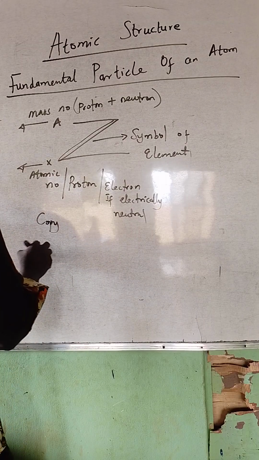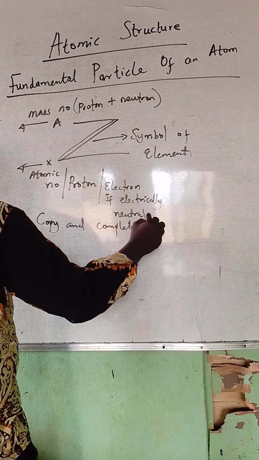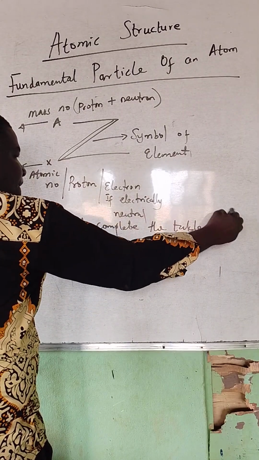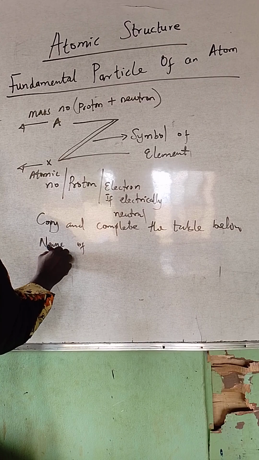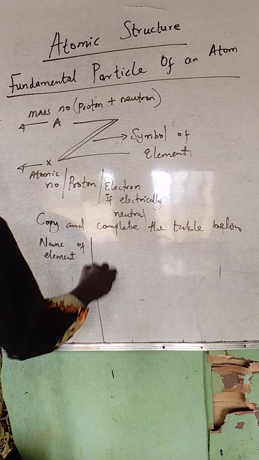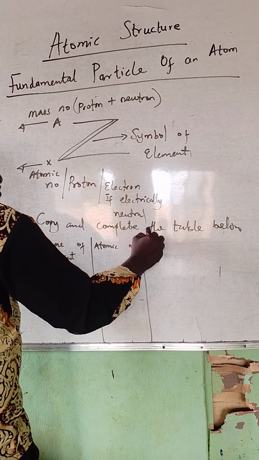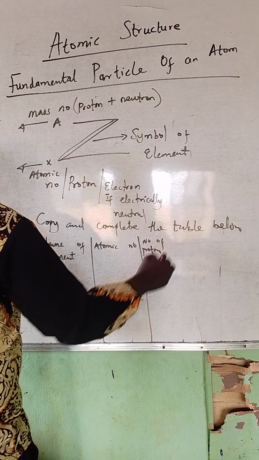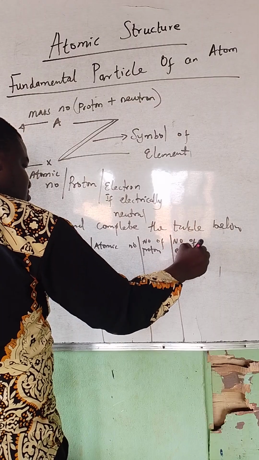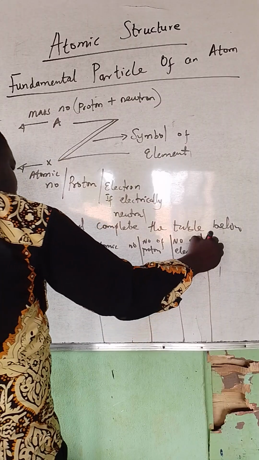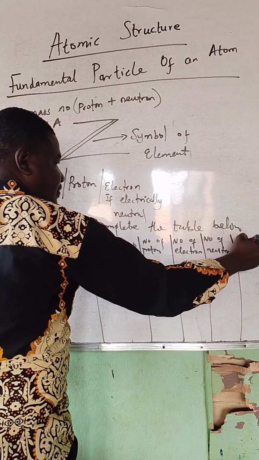Copy and complete the table below. Name of element, atomic number, number of protons, number of electrons, number of neutrons, mass number.